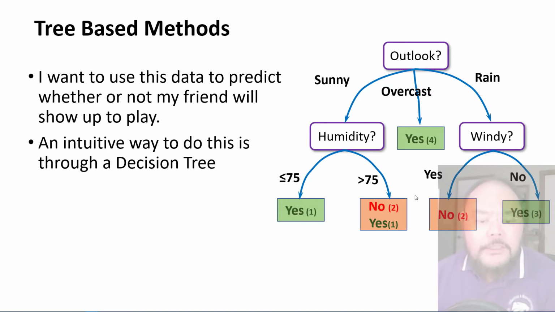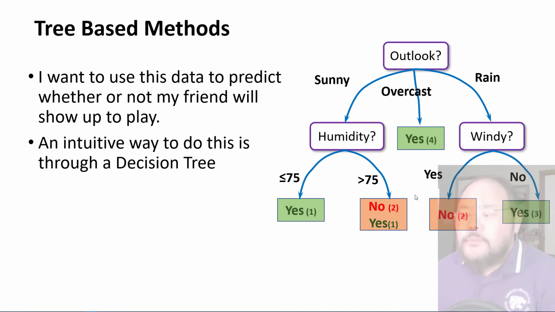The humidity is either less than 75% or greater than 75%. Windy is just yes or no. So each of these attributes is a node, and then we have edges. Edges are the outcome of the splitting for each one of the nodes, leading to the next node.